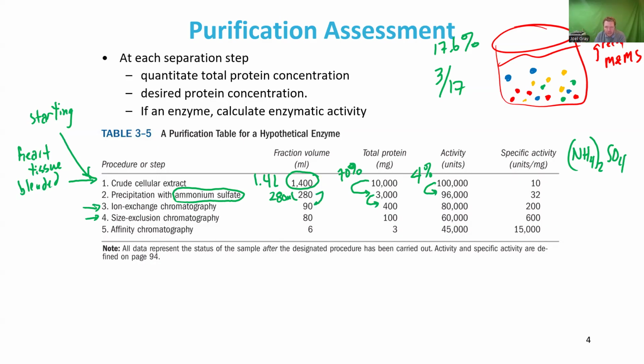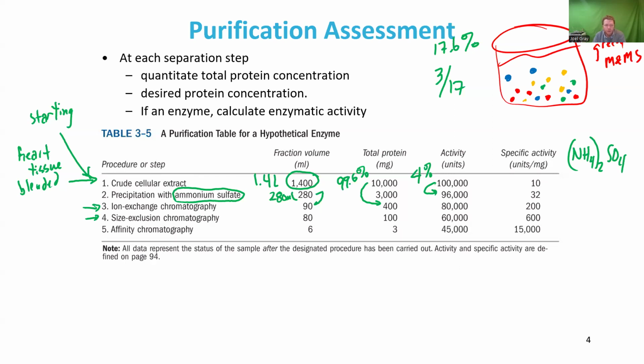Just a moment ago, I said that to go from where we started, 10,000 milligrams, down to 400 milligrams of total protein, I think that would mean that we got rid of about 99.6% of all of the protein in there.